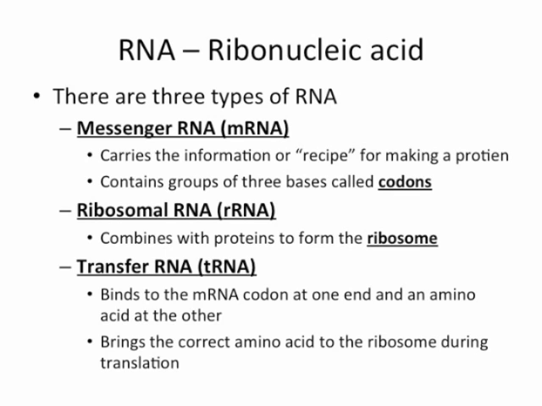It is the form of RNA that carries the information or the recipe for making a protein. It contains groups of three bases called codons on it. So you can break up messenger RNA into certain codons. So that's really the main type we're going to talk about today, and that's what I showed you two slides ago, where I showed the DNA being copied into RNA and then RNA being read to make a protein. That was messenger RNA we were looking at.